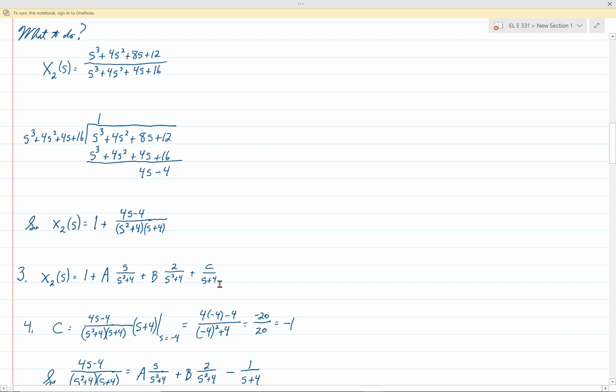And let me say one other thing before we go any further. When you are proposing an expansion like this, if you're ever in doubt about whether something should be included or not, include it. Because if you include something that doesn't need to be there, that's okay. Eventually you will conclude that the coefficient associated with that term is 0. So nothing will go wrong.